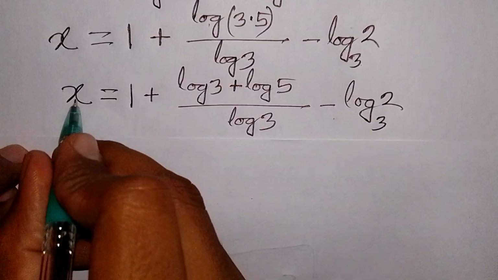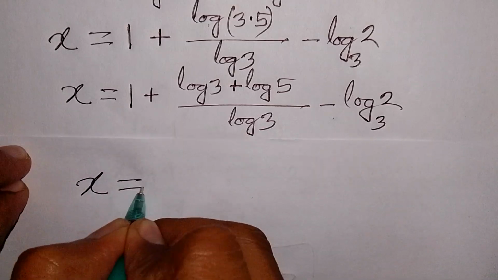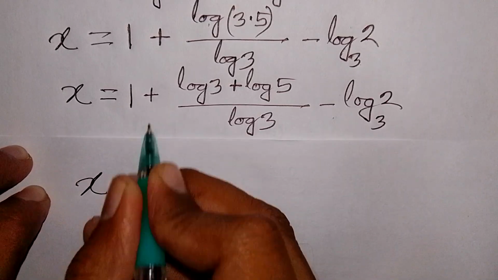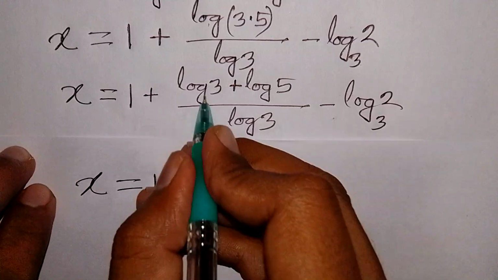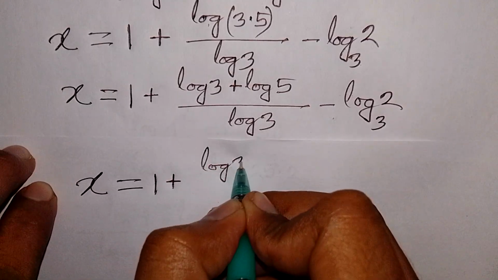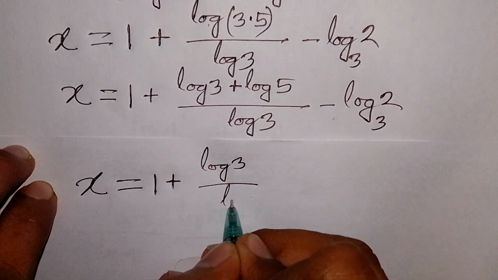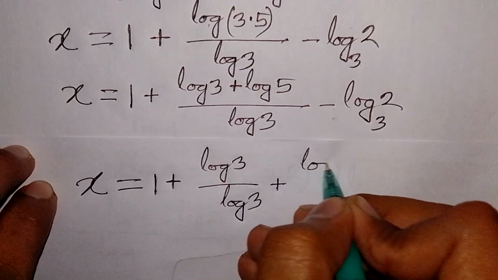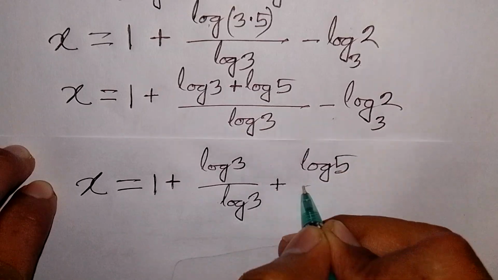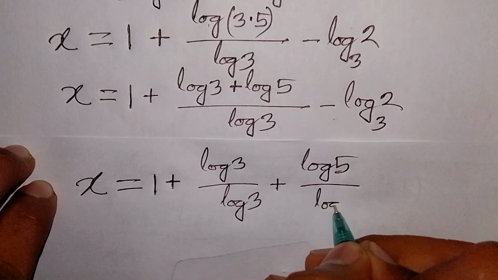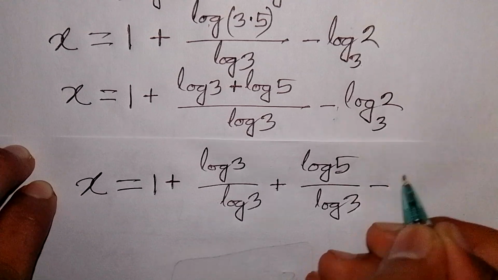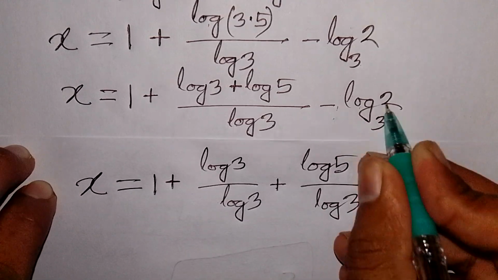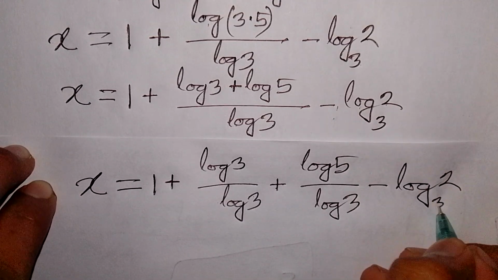In the next step, x is equal to 1 plus log 3 over log 3 plus log 5 over log 3, then minus log 2 base 3.